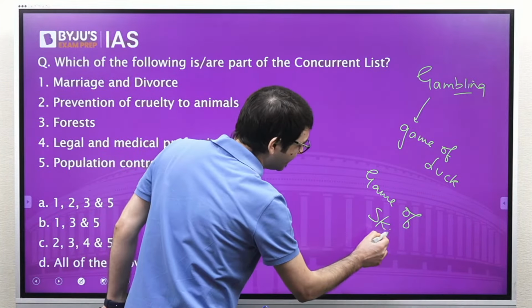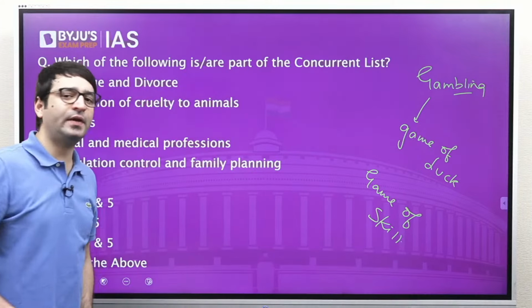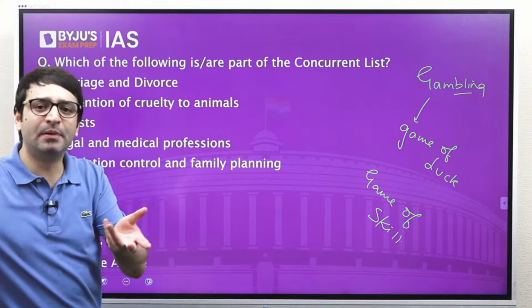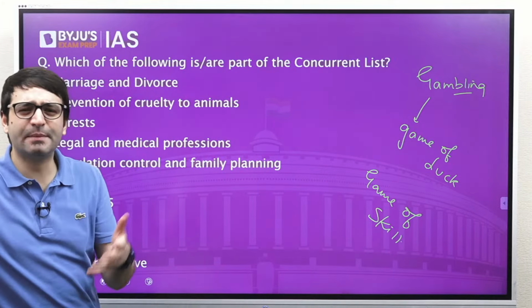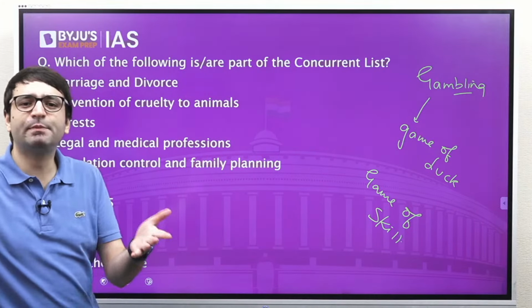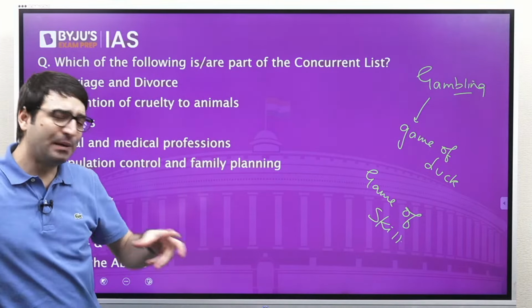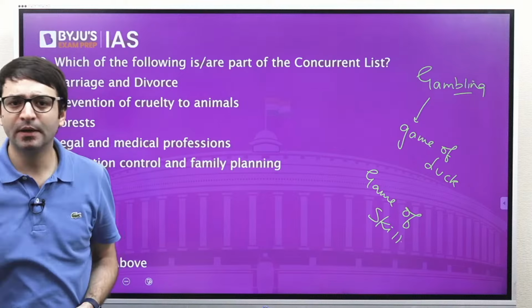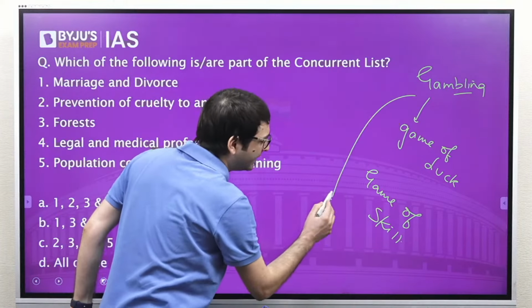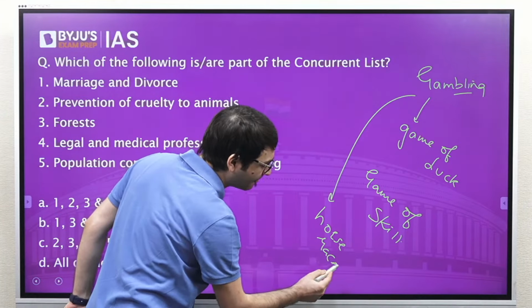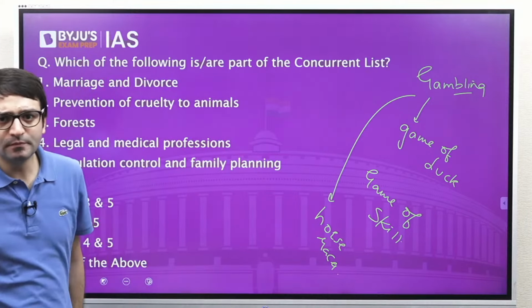Any game involving game of luck is gambling and it is prohibited, except in states such as Sikkim, except in states such as Goa where the casinos are allowed, but game of skill is allowed. And in fact, betting on horse races is allowed.